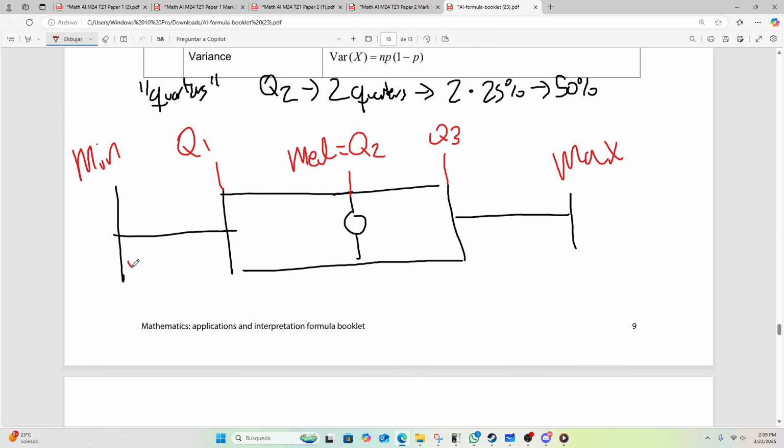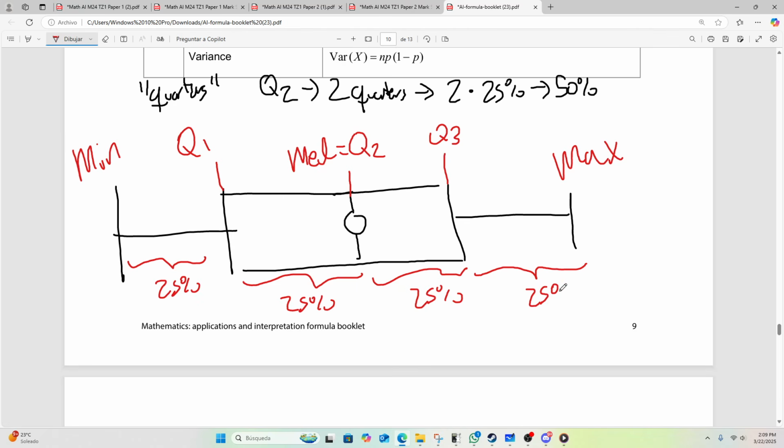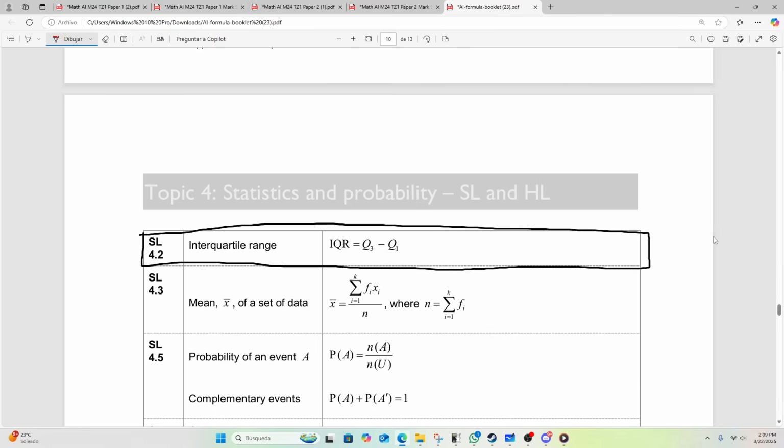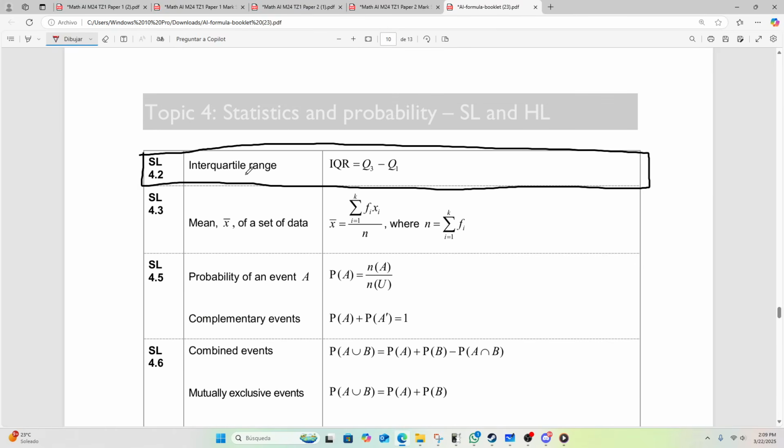And so technically from Q1 to Q2 is 25%. From Q2 to Q3 is 25%. And from Q3 to the maximum is another 25%. Again, watching one of my videos explaining it better and applying it to an actual exercise is probably going to help a lot more.